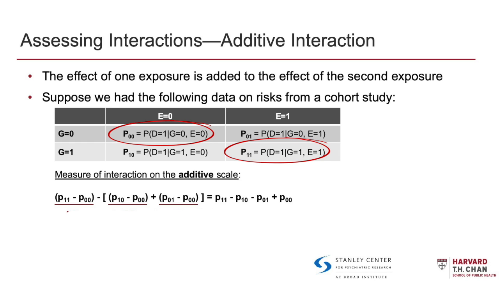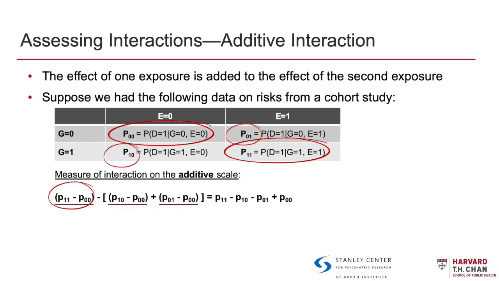So we subtract the underlying risk from the risk in the presence of both exposures, P11 minus P00. Then we subtract the underlying risk from the risk in the presence of an environmental risk factor only, P01, and from the risk when only the genetic risk factor is present, P10.